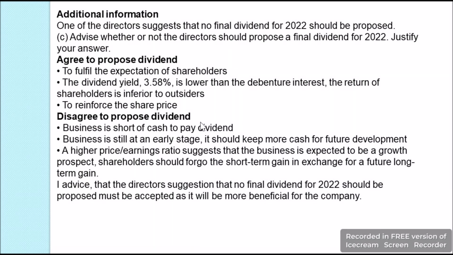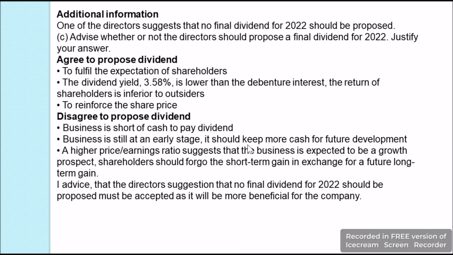What I go with is this, that they should not propose more dividend at the end of the year, because XPLC is already facing a short-term cash crisis, because we see they have an overdraft. Most successful businesses fail because of liquidity crisis, which leads to insolvency, and hence, as they have a cash problem, it's better they should not propose more dividends because it may lead to cash outflow.